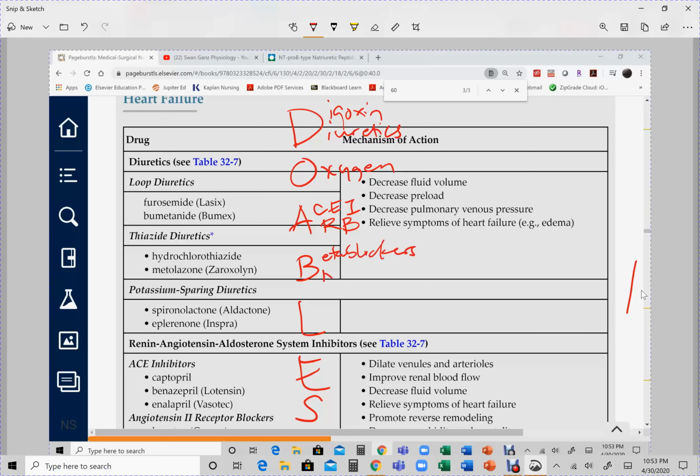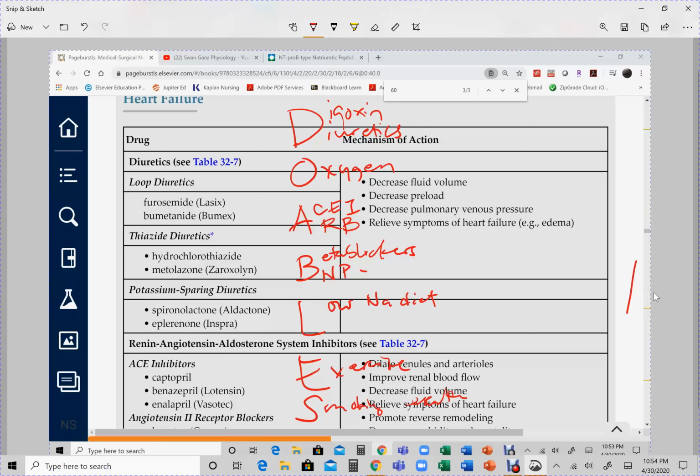And then we also have BNP. BNP is nesiritide, made from human BNP. Then L is low sodium diet. E is exercise, and smoking cessation.